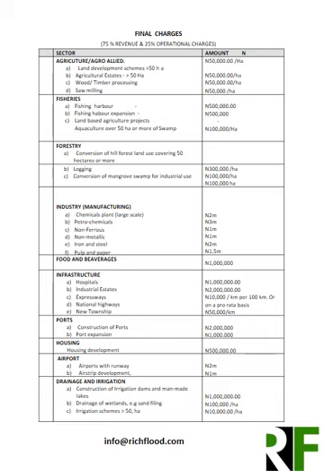So you have construction of ports, 2 million; port expansion, 1 million naira; housing development, 500,000 naira; airports with runway, 2 million naira; airstrip development, 1 million naira. If it's a drainage and irrigation project, construction of irrigation dams and man-made lakes is 1 million naira.